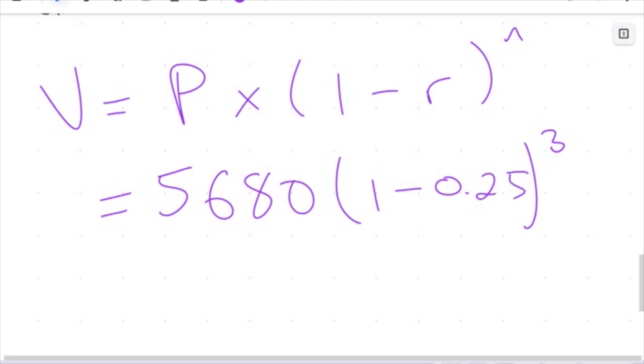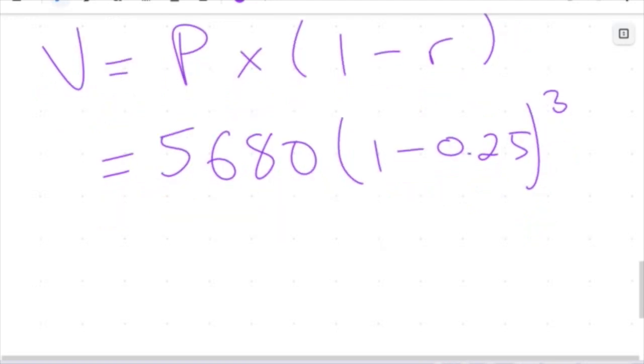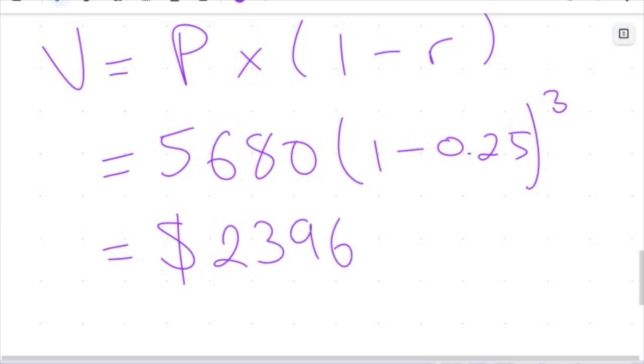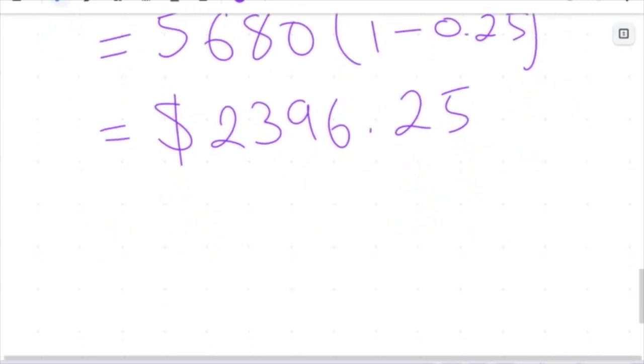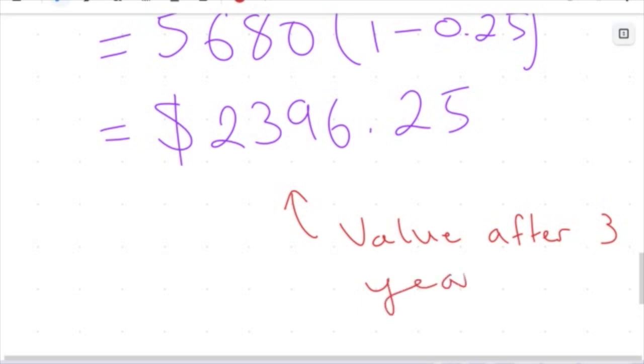And plugging this in, once we put this value in our calculator, we are left with $2,396.25. So this number we found is the value after 3 years. That is our answer.